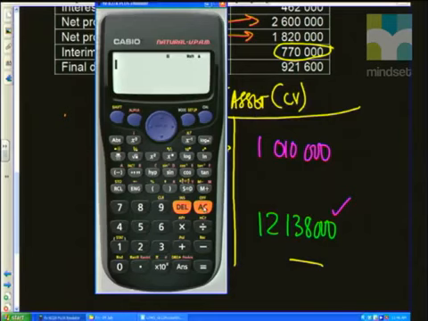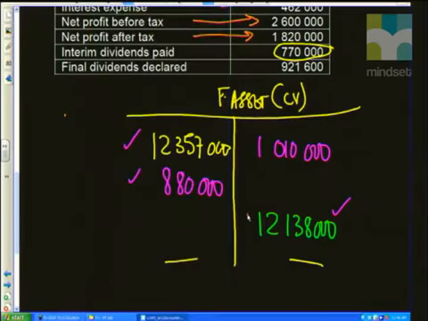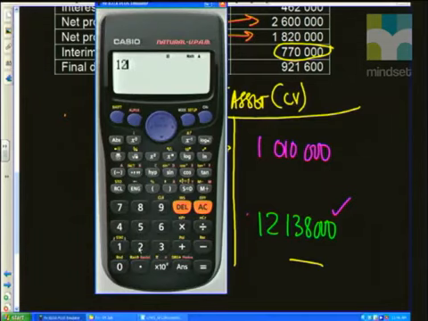So we start off by saying we have 12,357,000. You can see what I'm doing. I'm adding the debit side of the account. 12,357,000 plus the 880,000 that I purchased is equal to that, minus the 12,138,000.